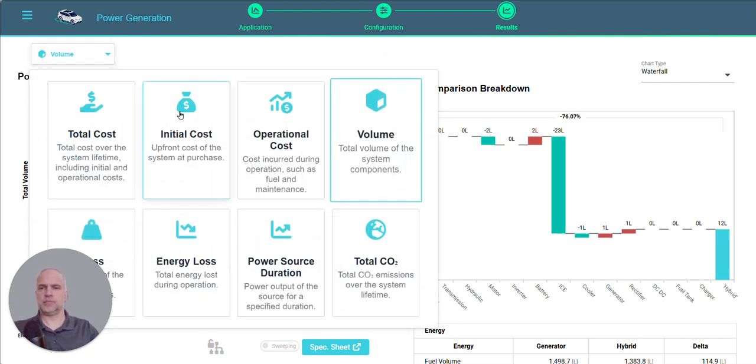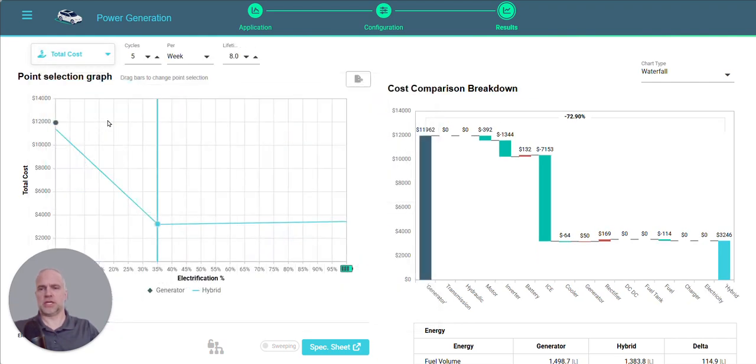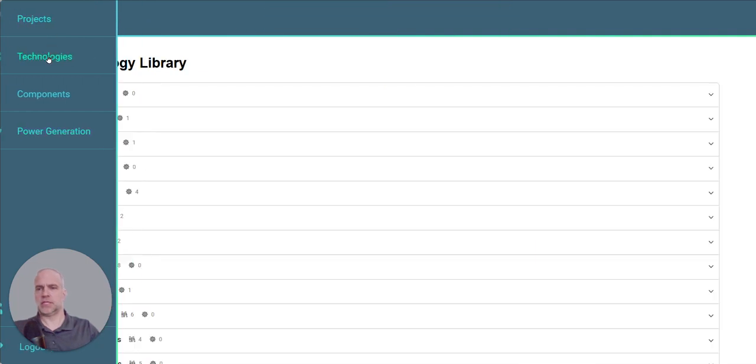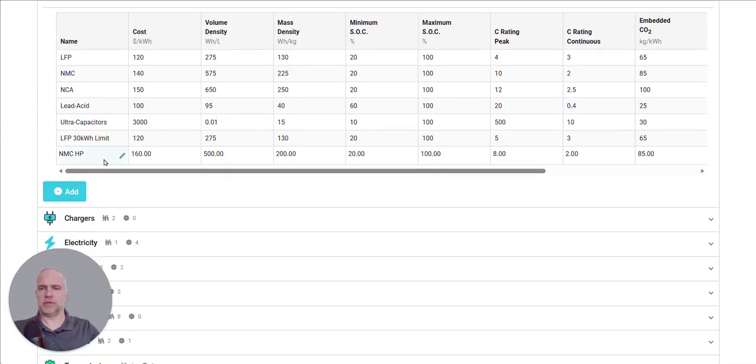volume, initial cost with the cost as I have them defined in my technology library. But if you have a different battery, this is the definition of the battery.